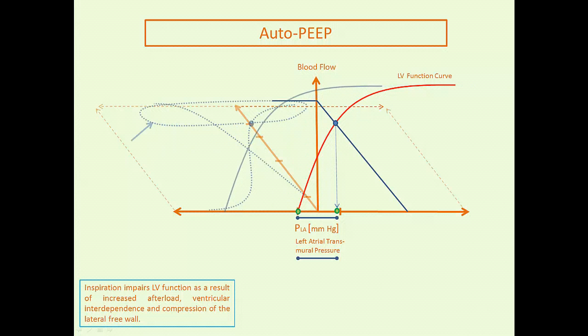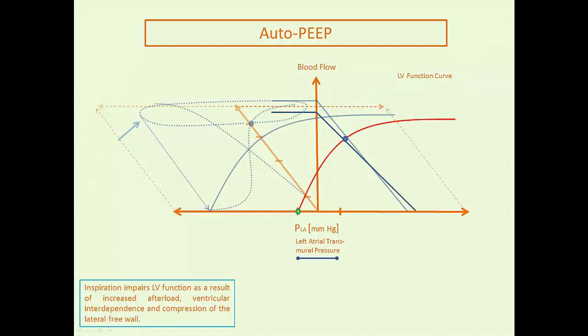Inspiration, the drop in intrathoracic pressure, tends to increase left ventricular afterload. There tends to be compression of the LV by interdependence effects. And as we talked about, there can be compression of the LV free wall, which may impair LV diastolic function if it's at quite high lung volume.